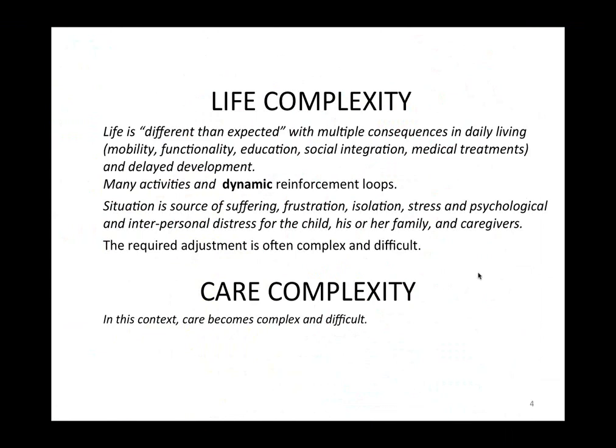In fact, it's probably the dynamic aspect of all these elements that makes it complex. At the end, the consequence on people is a lot of suffering, frustration, isolation, stress, and psychological and interpersonal distress, for the child, the family, and the caregivers.